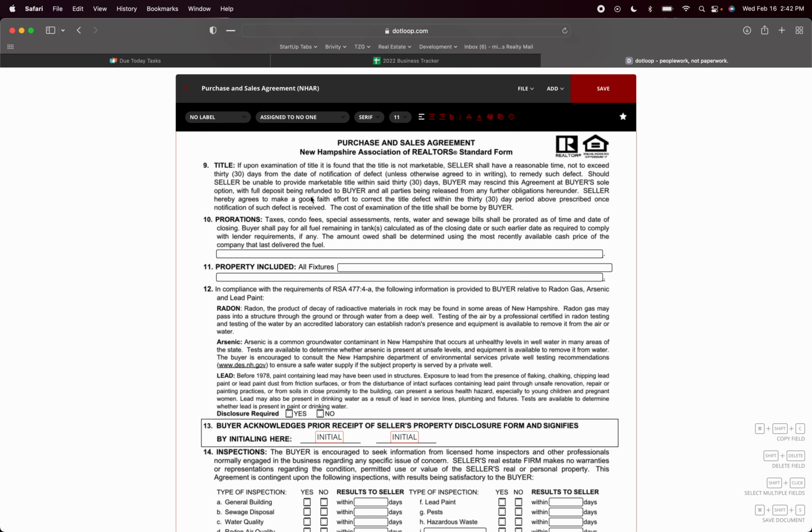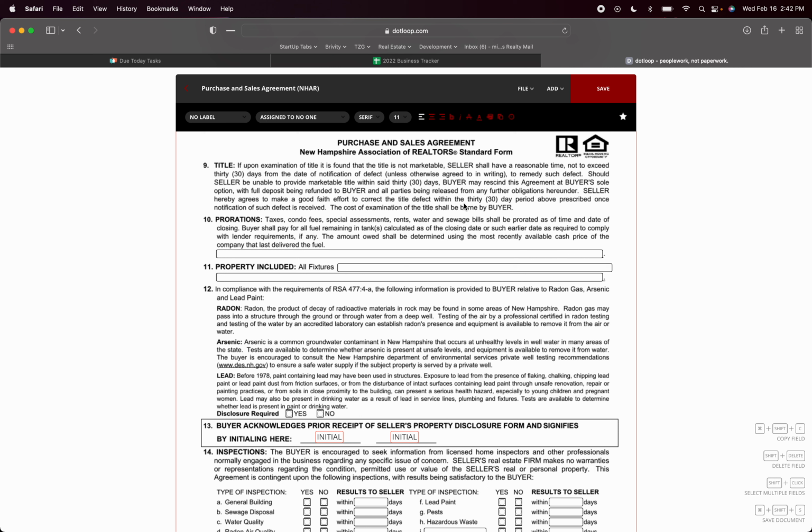What this says is that if there is a title defect discovered when the title search is being completed by the title company, the seller has a reasonable time, and it defines that as 30 days from the date of notification of said issue, to remedy the defect. This is very important for the buyer, the listing agent, the selling agent, and the seller to understand, because it means if there is a title issue, the seller essentially has a 30-day extension built into the contract, depending on when it's discovered.